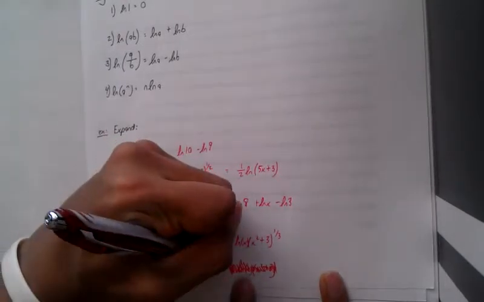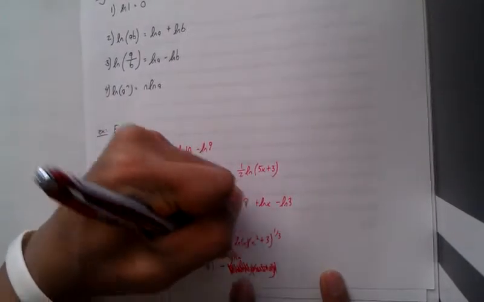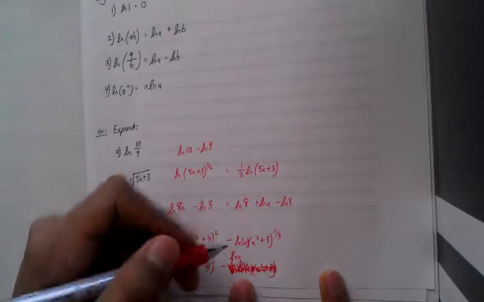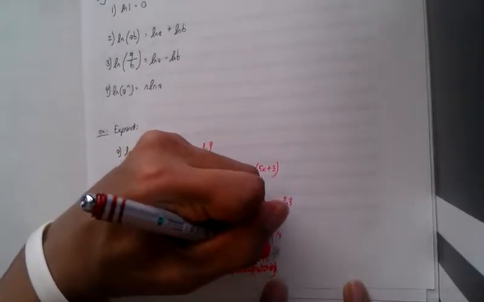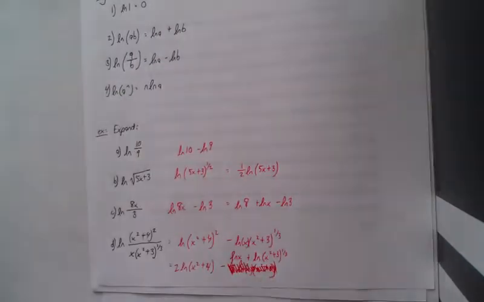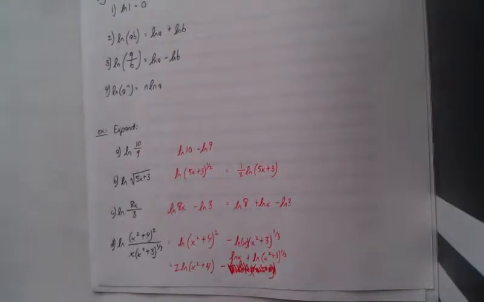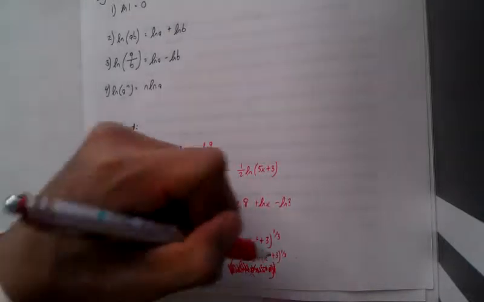I should have actually separated this out using the product property first. So natural log of x plus natural log of x squared plus 3 to the 1/3. I forgot you want to move from the biggest parts to the smallest parts.